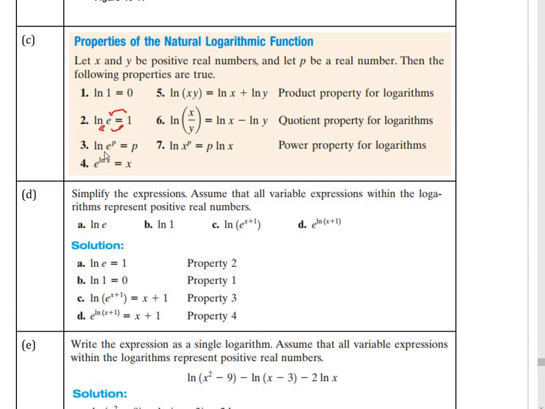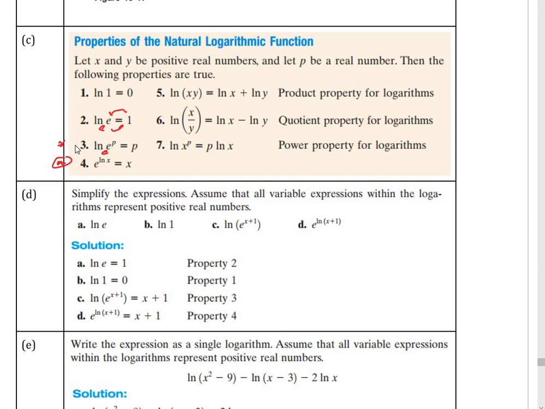So remember, if the base e is the same as the number being logged, then the answer will be the exponent, because we said log means exponent. So ln still means exponent. And because they are inverses of each other, e to the ln x will give you the x back, and ln of e to the power will give the exponent back.